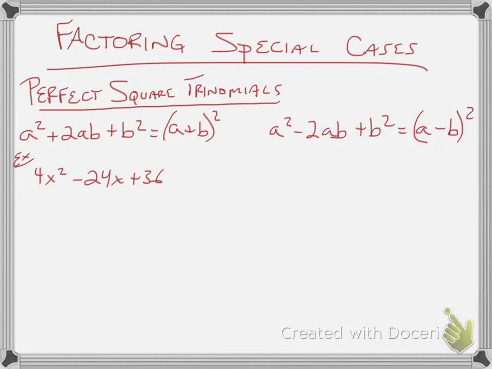So what happens is this term is really 2x squared. This is 6 squared. And what the 24x is going to be is 2x times 6 multiplied by 2.